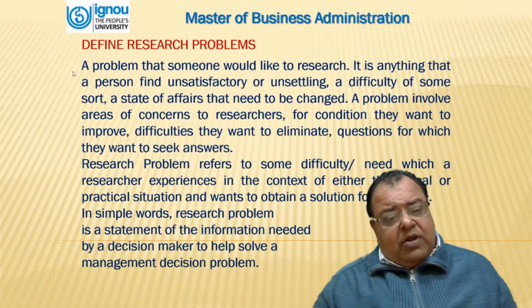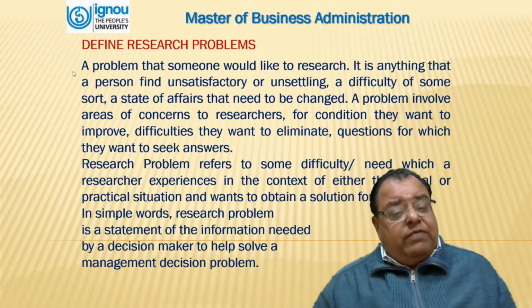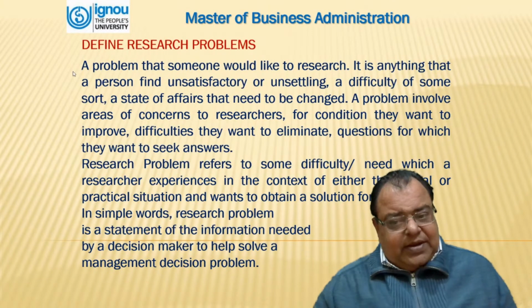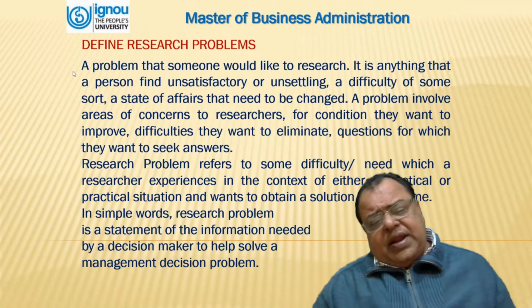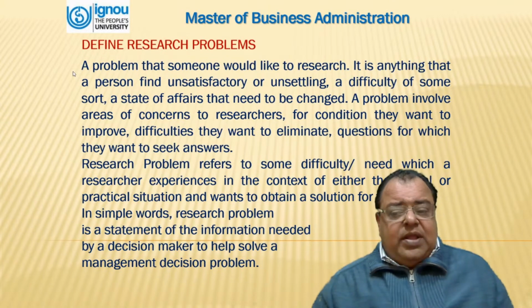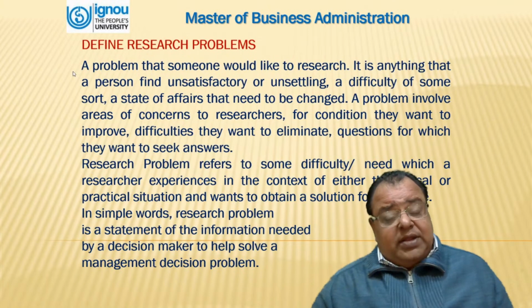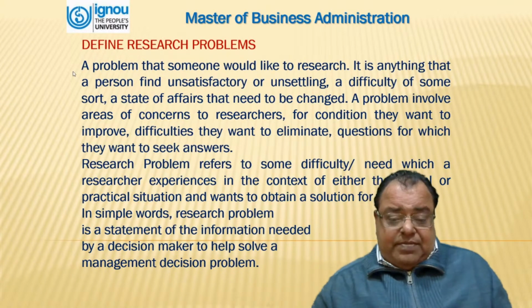A problem involves areas of concern to researchers: conditions they want to improve, difficulties they want to eliminate, questions for which they want to seek answers. A research problem refers to some difficulty or need which a researcher experiences in the context of either a theoretical or practical situation and wants to obtain a solution for the same.